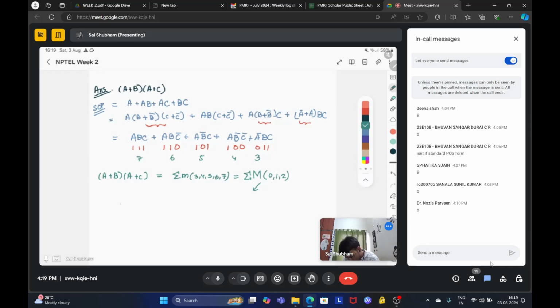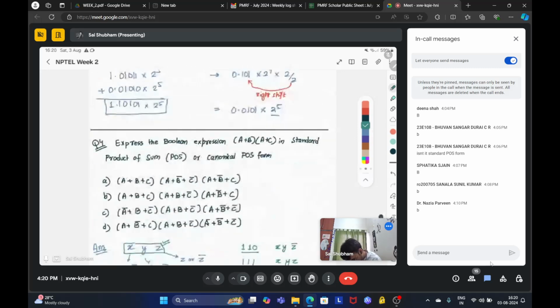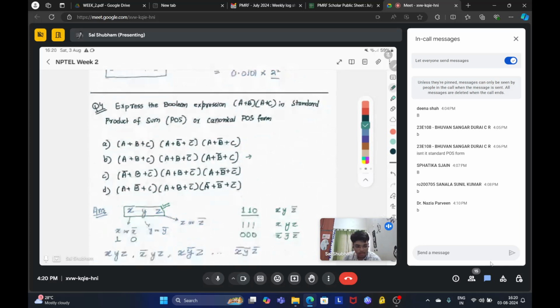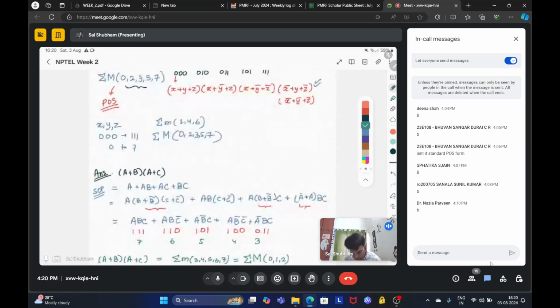So this will be 000 for 0, for 1 it is 001, for 2 it is 010. For 0 you will write A plus B plus C, for 1 it will be A plus B plus C bar, and this is A plus B bar plus C. So this is your answer. Okay, B is the answer. Is this clear to everyone?